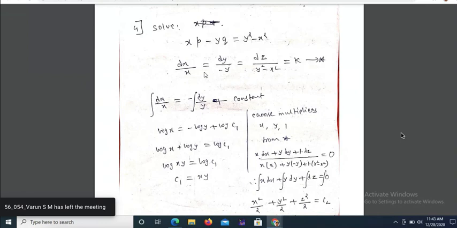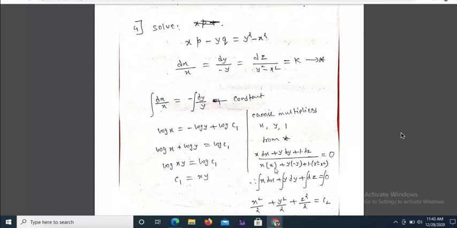So that's the reason to apply multipliers for these. Here I will apply Lagrange's method. So plus constant, I have taken log c1, so c1 equal to xy. Hence you got this one. Choose multipliers like this: x, y, 1. So x dx plus y dy plus 1 into dz divided by x into x plus y into minus y plus 1 into (y square minus x square).